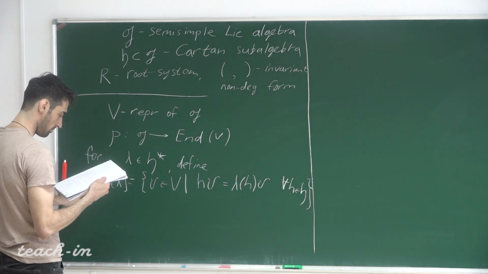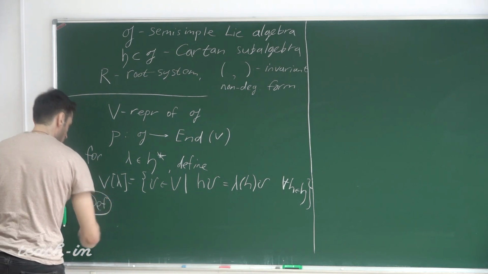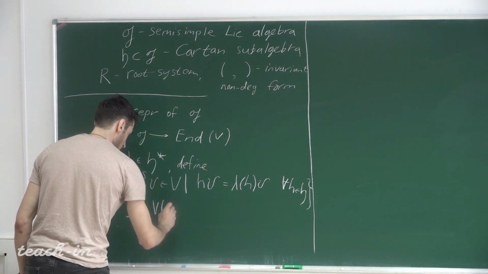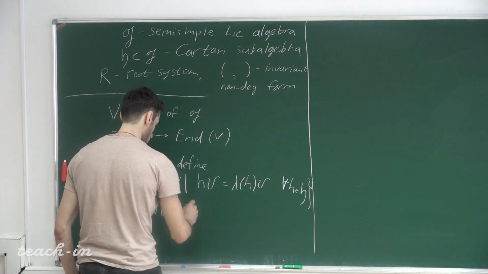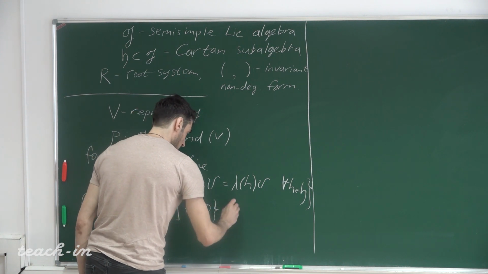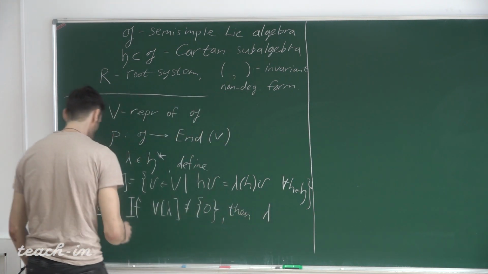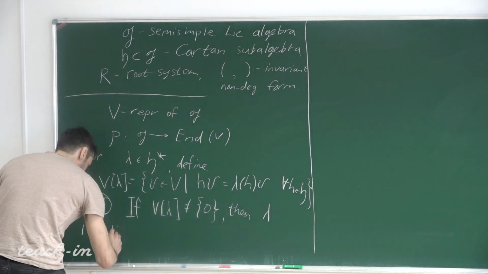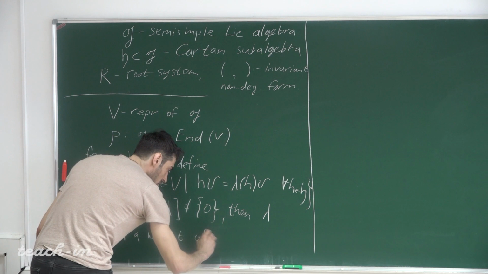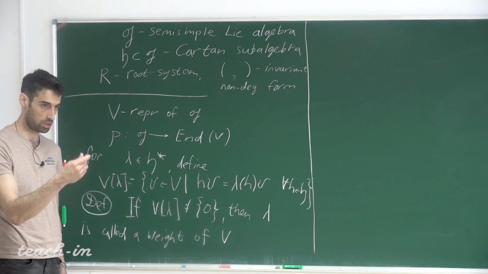So by definition, if V of lambda is not a zero vector space, if this is not zero, then lambda is called a weight of V, and the corresponding subspace V of lambda is the weight subspace of weight lambda.